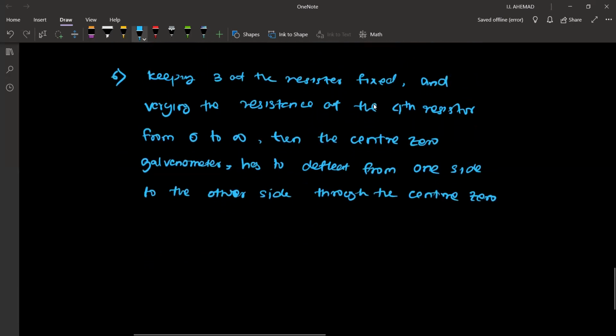Okay, is that idea clear? To ensure balance condition.